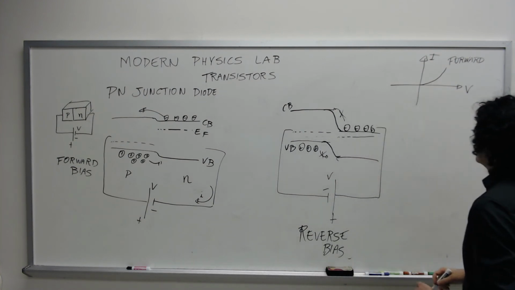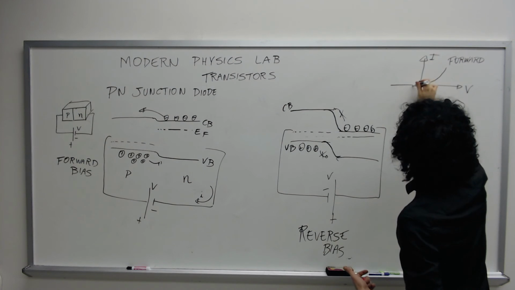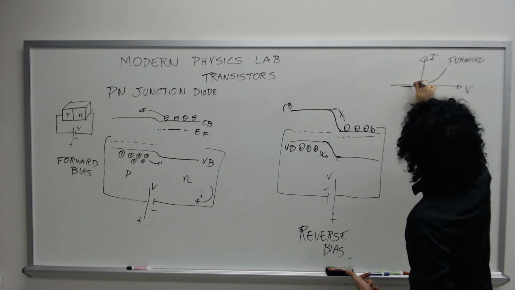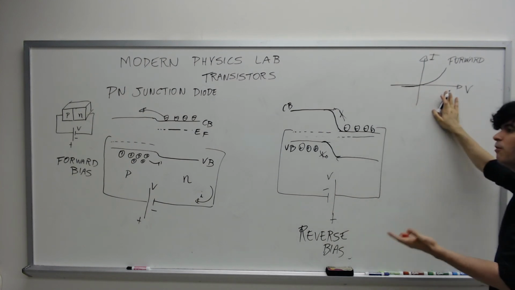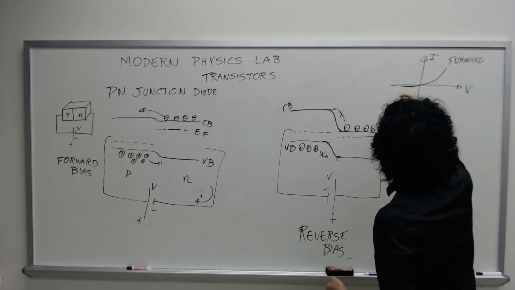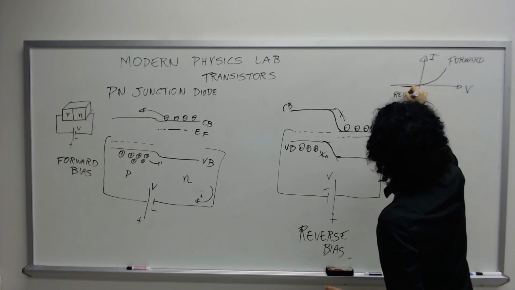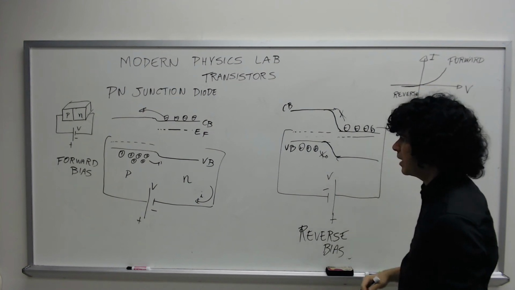There's still a very small current, close to zero, some drift current, but this device transmits charges only in one direction, in the forward bias configuration. So this is the PN junction diode. So this side is the reverse bias.